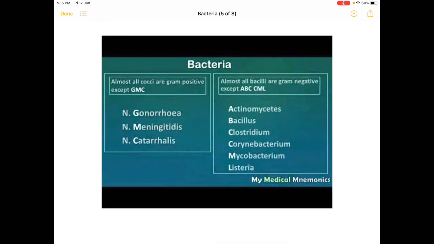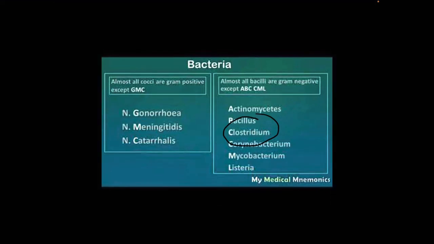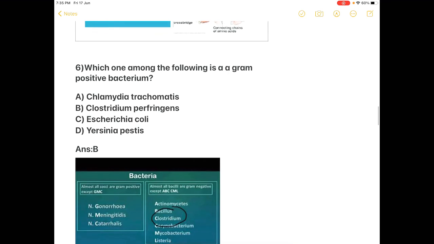So Clostridium here is in the exception list, while the others are all gram negative except Clostridium and all this ABC CML. The correct answer here is B.